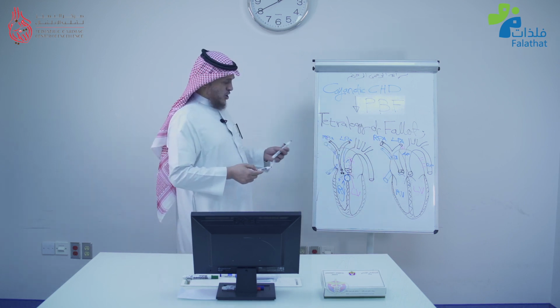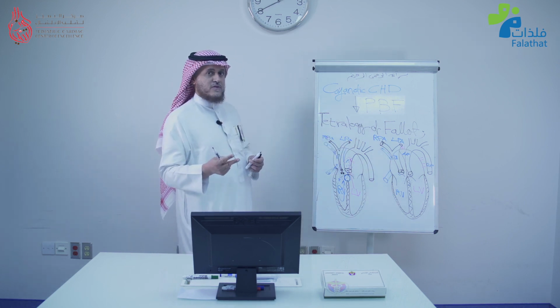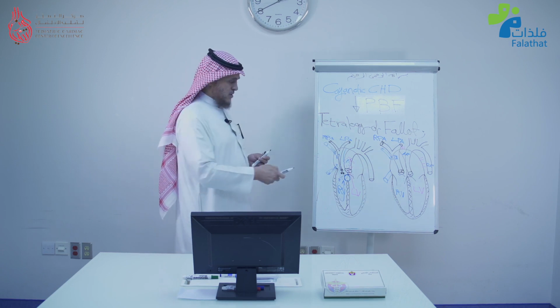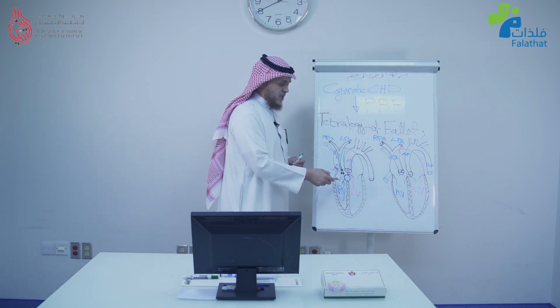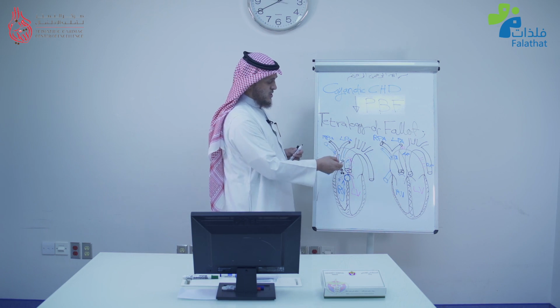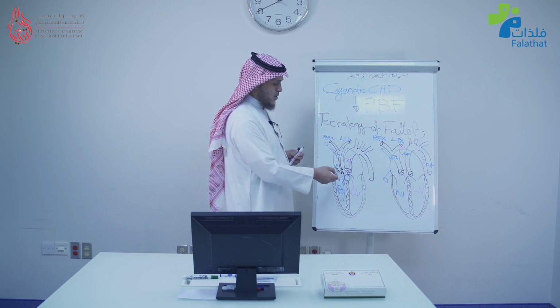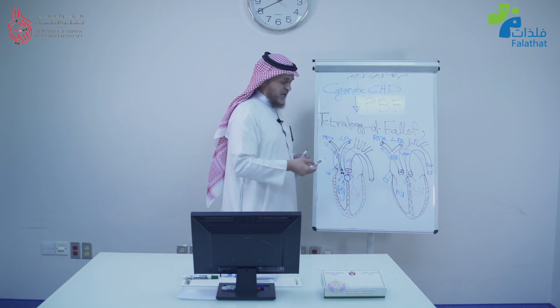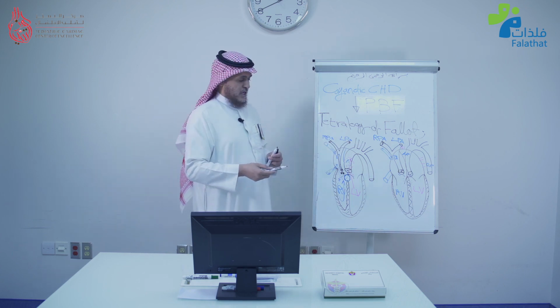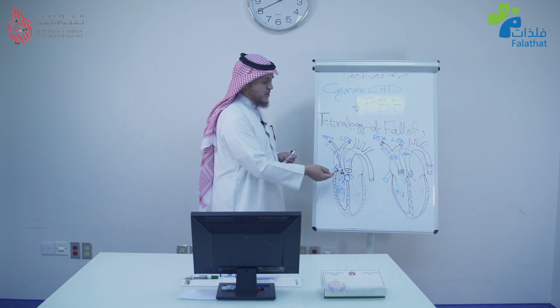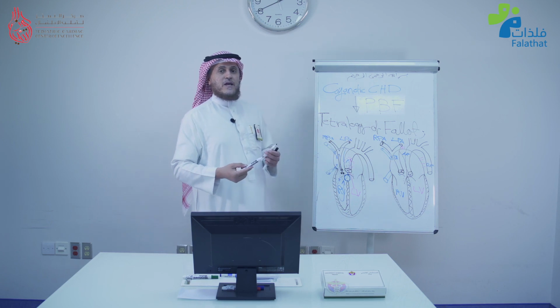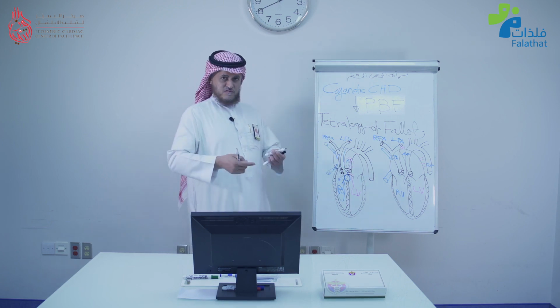So in tetralogy, we have two factors working together to make the patient cyanotic, which is the right to left shunt plus the decreased pulmonary blood flow. And as I said, and I'm going to repeat, if we have minimal obstruction here, these patients may not show the cyanosis early in life, the first few days.